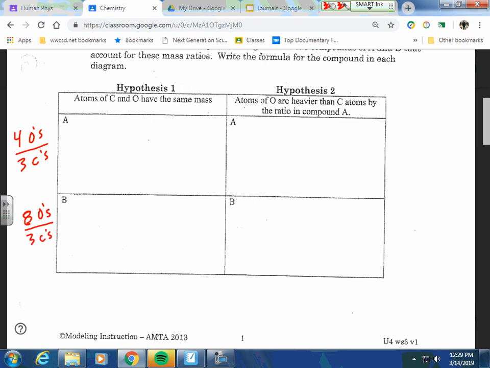All right, so in the first column here, hypothesis 1, if atoms of C and O have the same mass, how can we account for this difference in masses then? Any idea? We know the mass ratio is 4 to 3, but if each atom of carbon and oxygen has the same mass, how is there a difference in this compound?